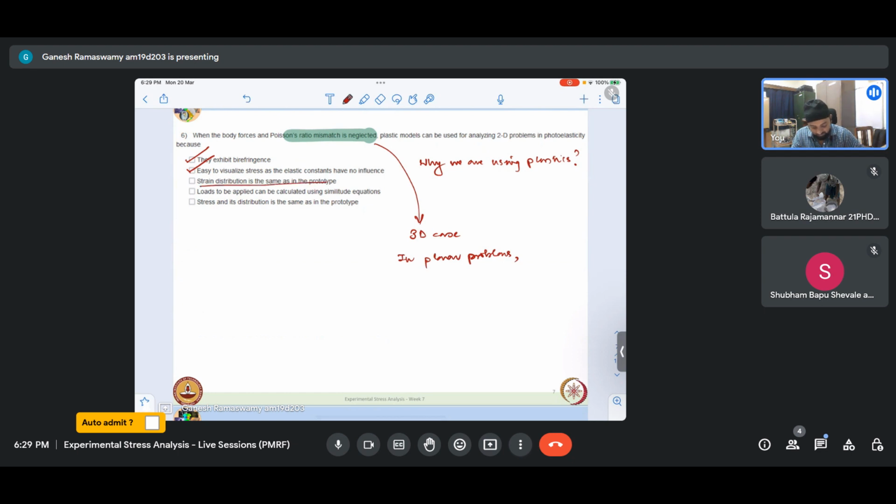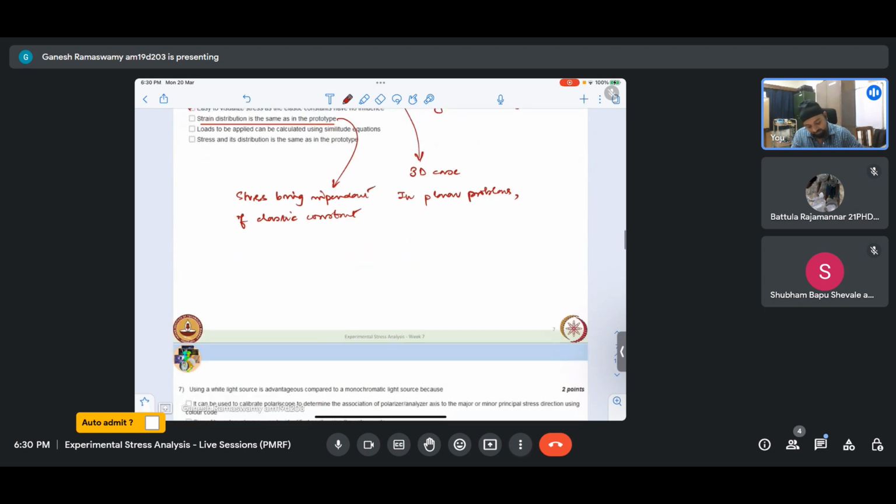This needs to be qualified a little. Stresses being independent of elastic constants does not imply that strains are same.